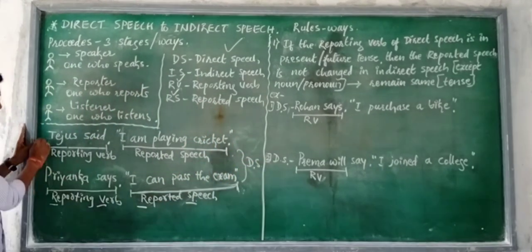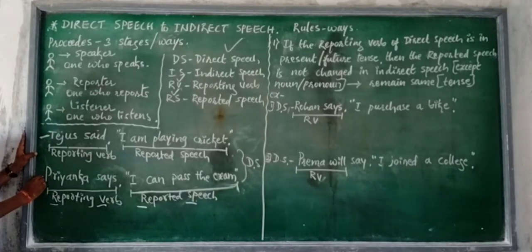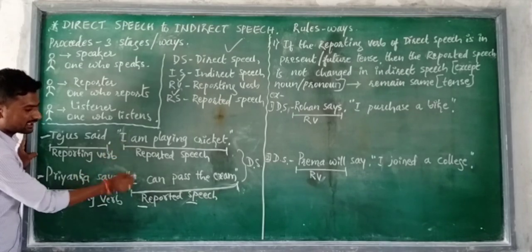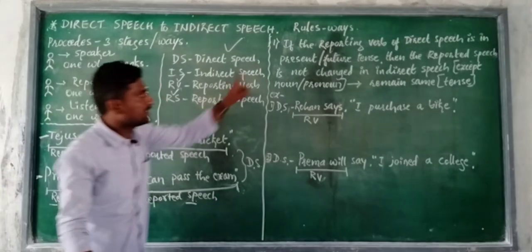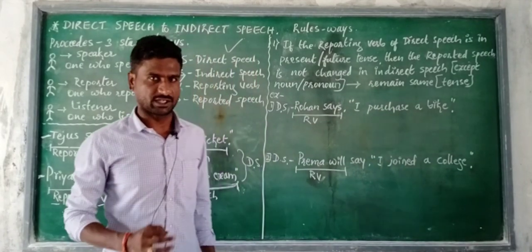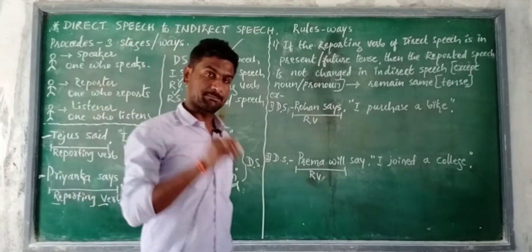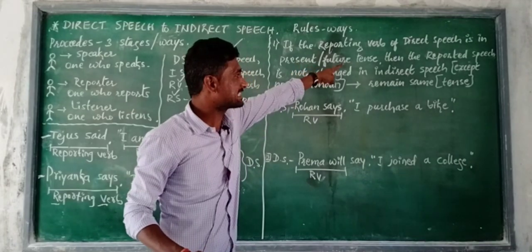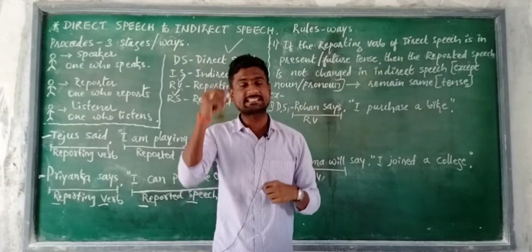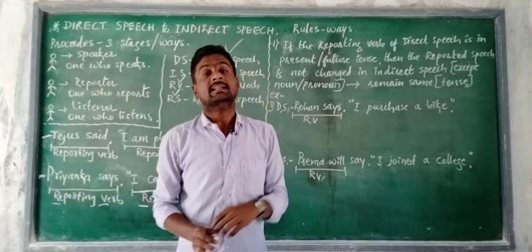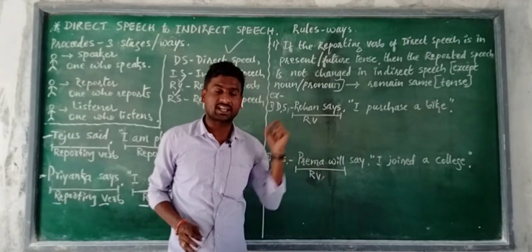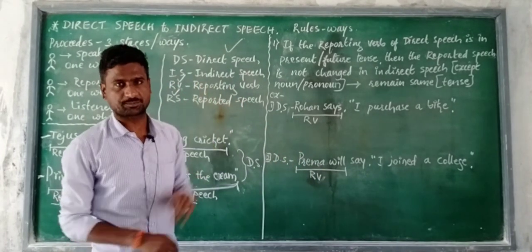Okay, see, this is also direct speech, and this is also direct speech, because the statements start with nominative words. Whatever they may be, if the reporting verb of the direct speech is in present or future tense, then the reported speech is not changed in indirect speech.